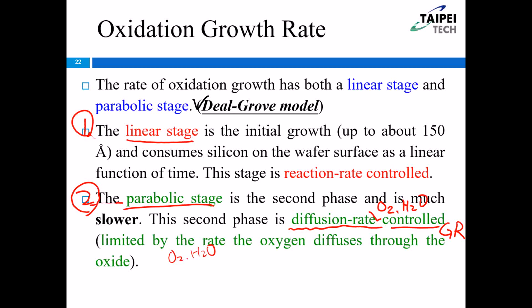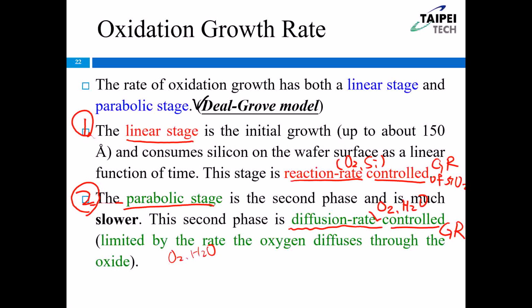And for the first stage, the reaction rate between the oxygen and the silicon can control the growth rate of silicon dioxide. Is it easier for you to understand? You can write down something for you to understand: reaction rate between oxygen and silicon wafer controls the growth rate of the silicon dioxide.